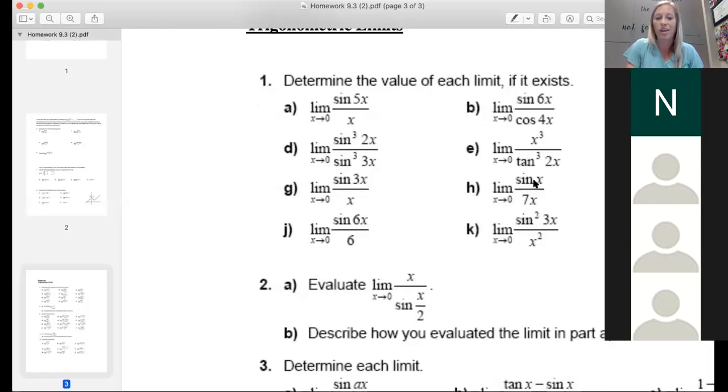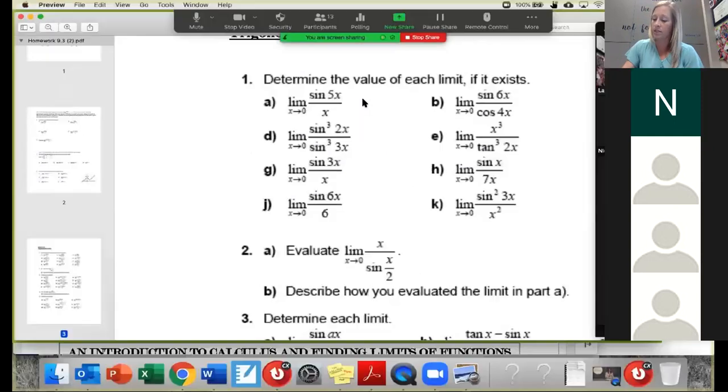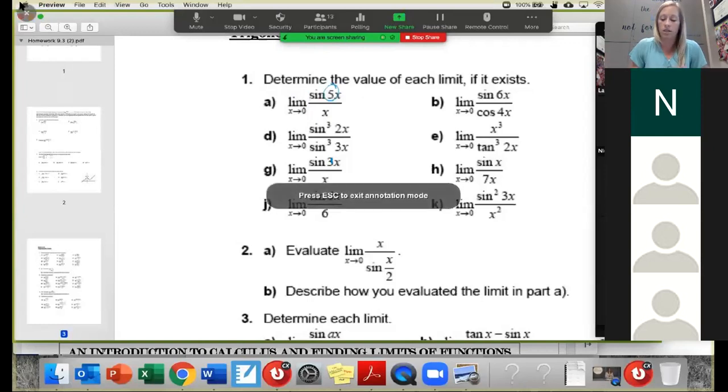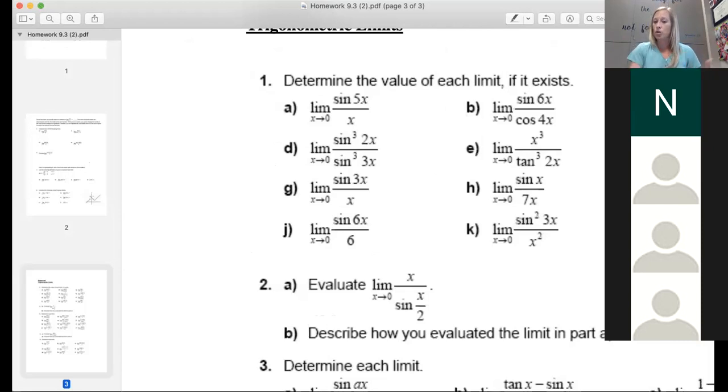It's the same thing as A. The reason we can get A, we talked about A in our notes, is because you're going to end up multiplying by 5 over 5 so that this works out to 1. Well, I don't really think you need to do that every time. You just need to recognize that's the way it works, and the answer is going to be that 5. That's just why it works. So there are going to be shortcuts to these as we go through, and that's one of them.